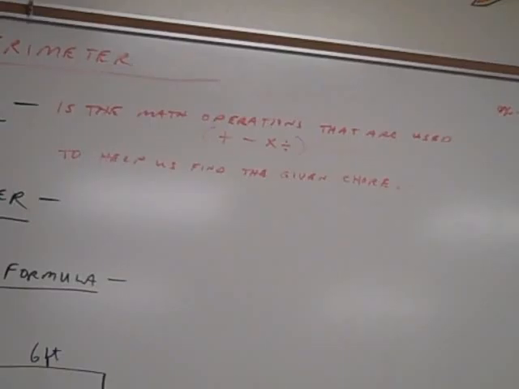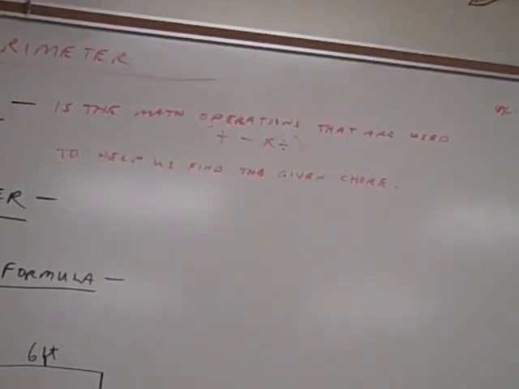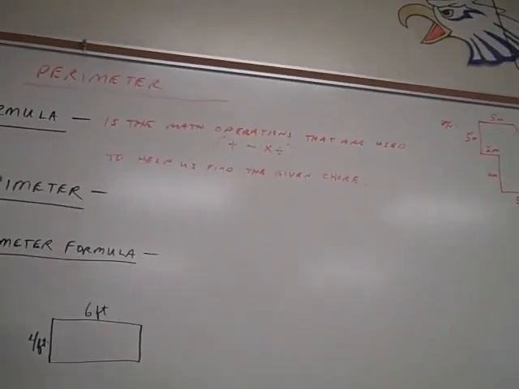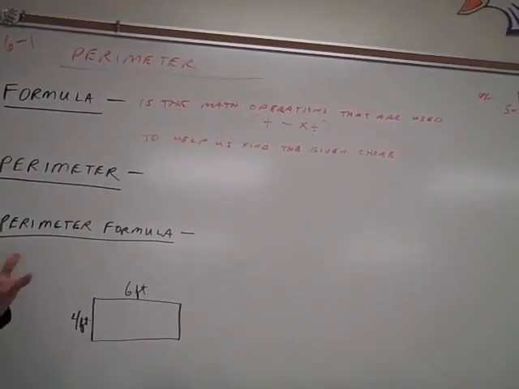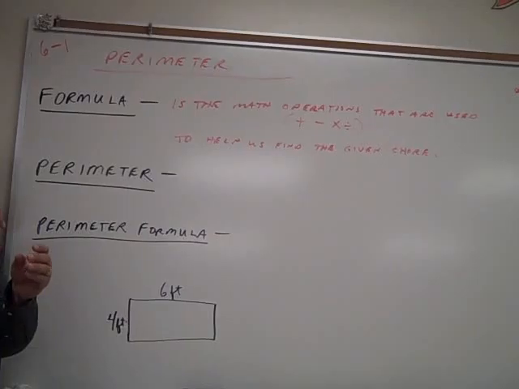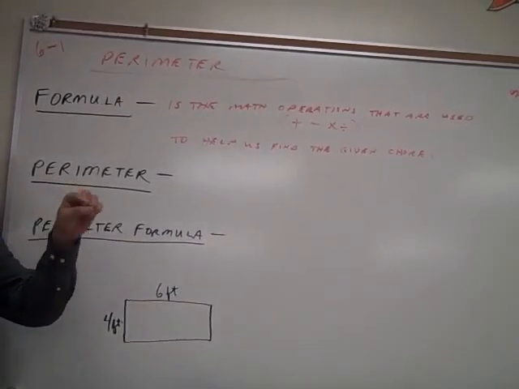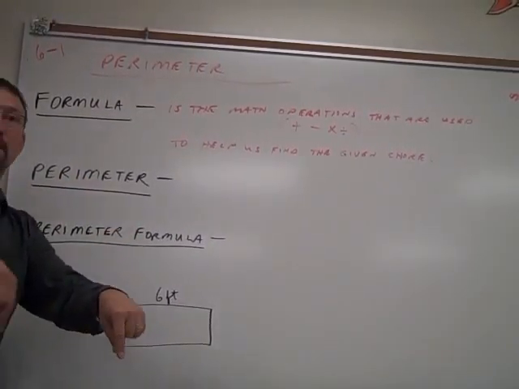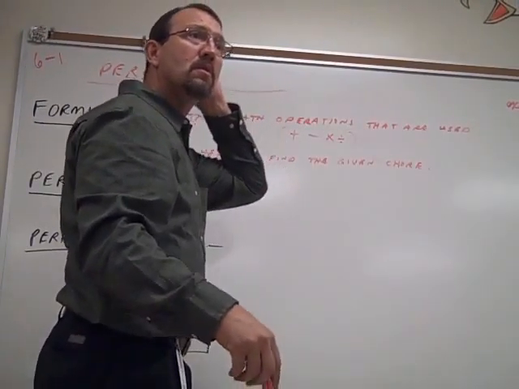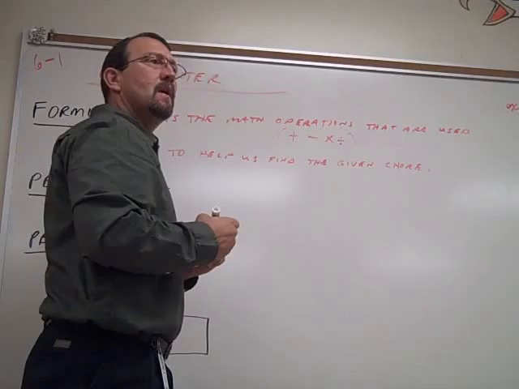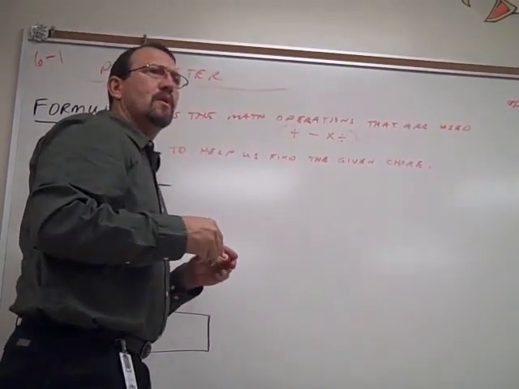Now let's talk about perimeter itself. Perimeter. What did you learn in our little video thing? What is perimeter? Don't tell me how to work it. Tell me what it is. What is perimeter? Like the outside. Okay, I might use the word outside.